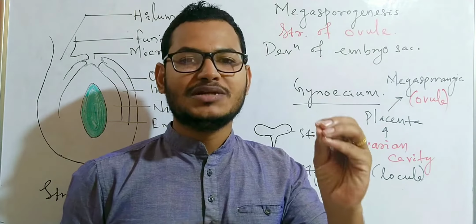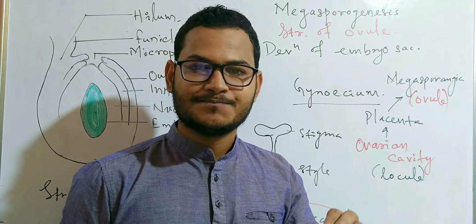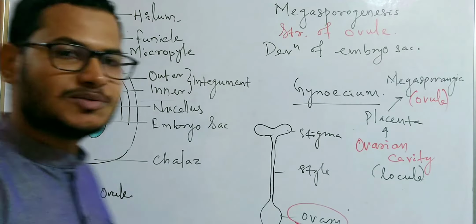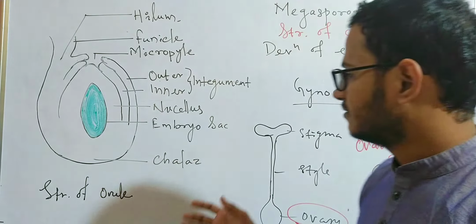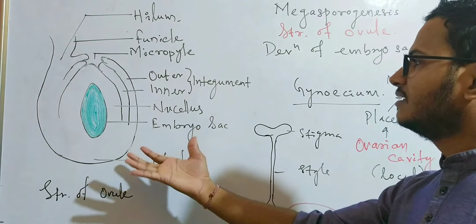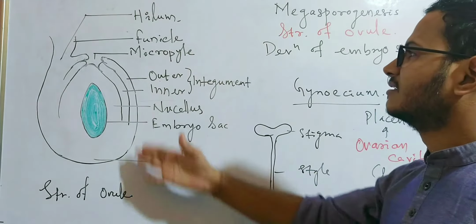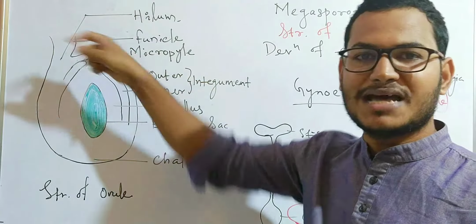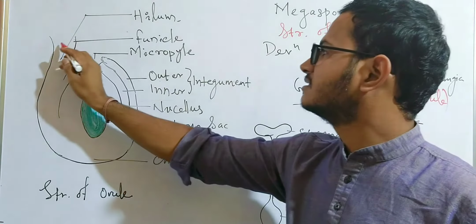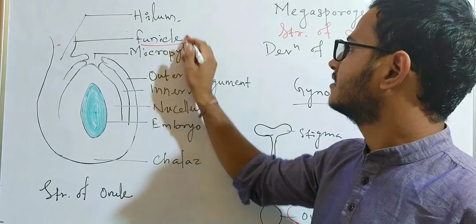Now remember, the ovule is attached to the placenta by a stalk. This is the structure of ovule. You can see here the structure of ovule clearly, and the ovule is attached to the placenta with the help of a stalk, which is known as the funicle.